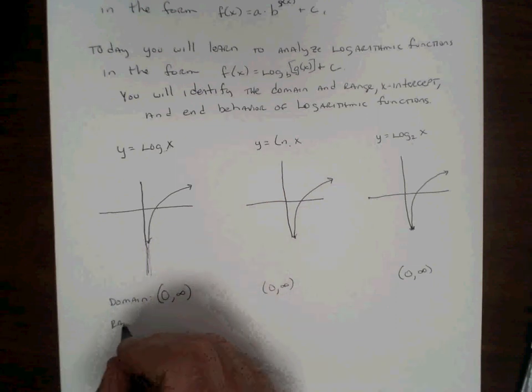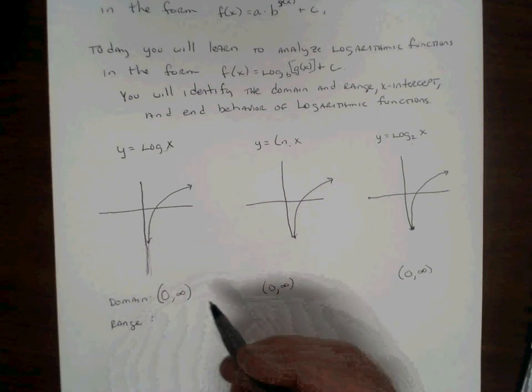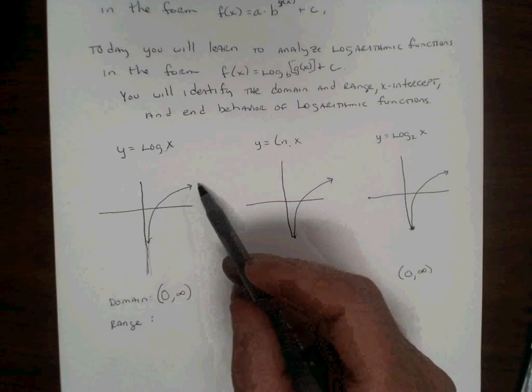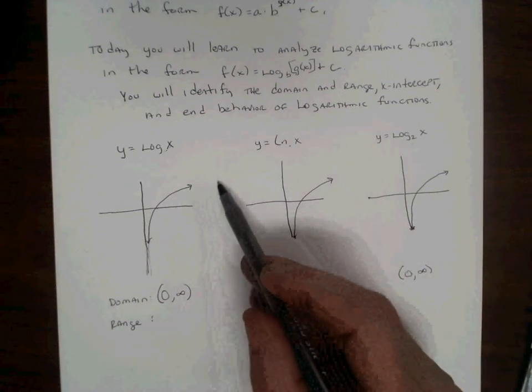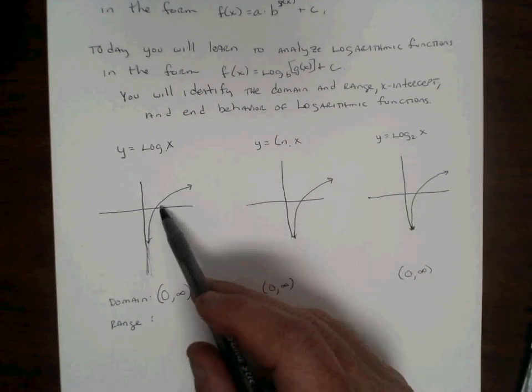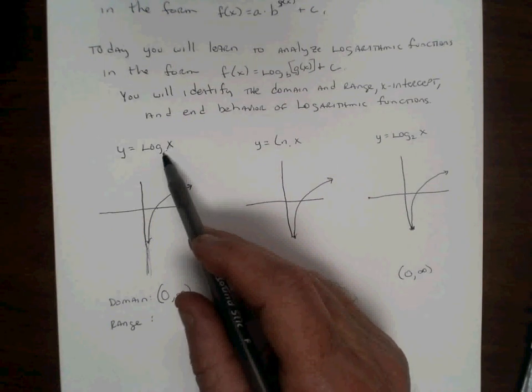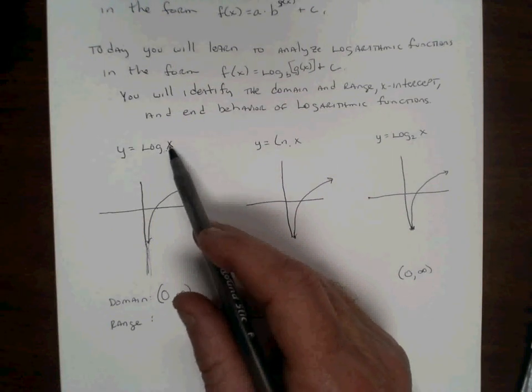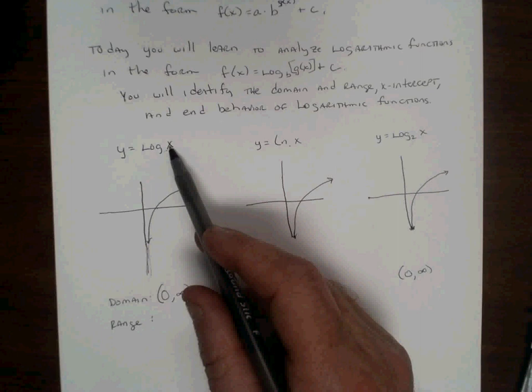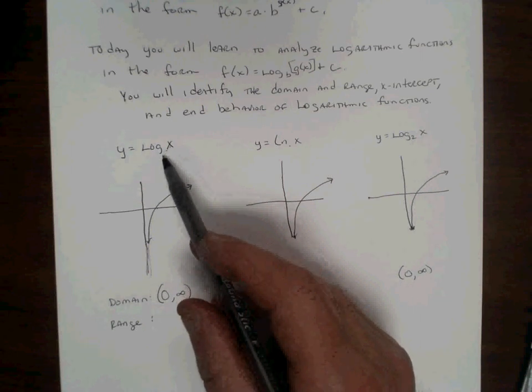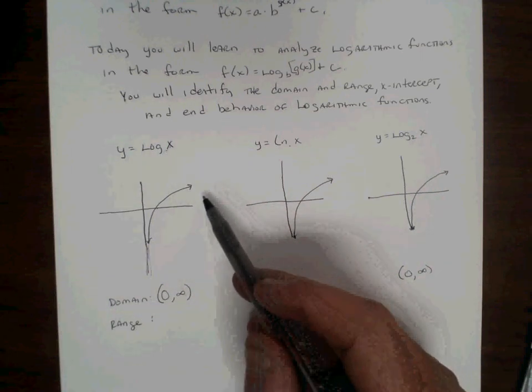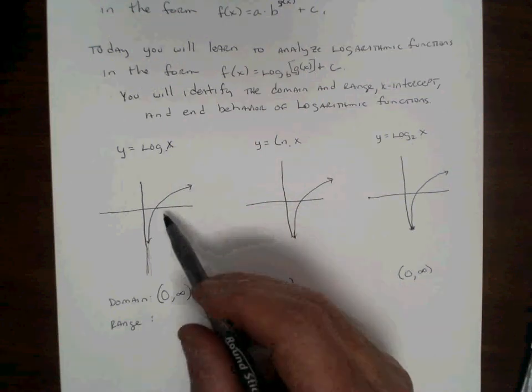The range in each one of these, even though this logarithmic function eventually grows slowly, it continues to grow forever. Remember, it's the power of the base that you would plug in to get this number inside. So if this is a very, very large number, then you would plug 10 to a very, very large number in to get that number.